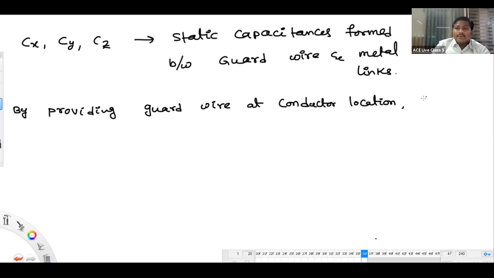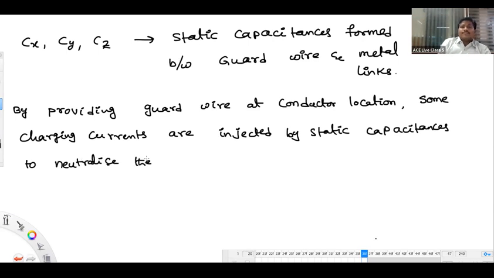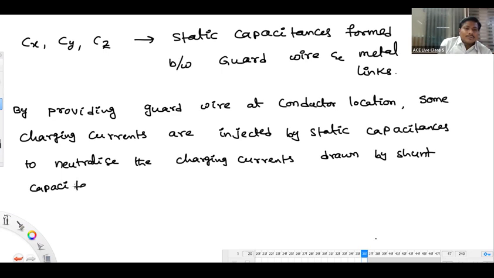By providing guard wire at the conductor location, some charging currents are injected by static capacitances to neutralize the charging currents drawn by shunt capacitances.